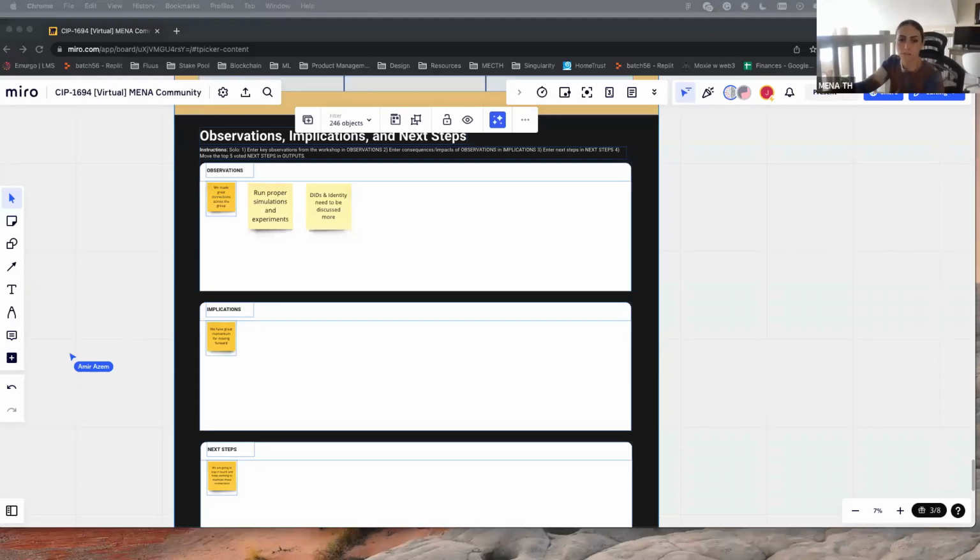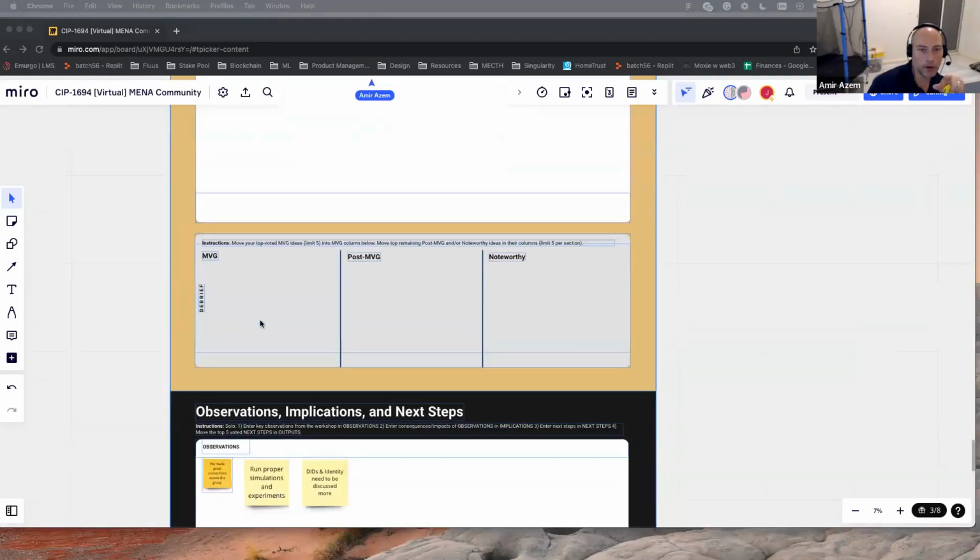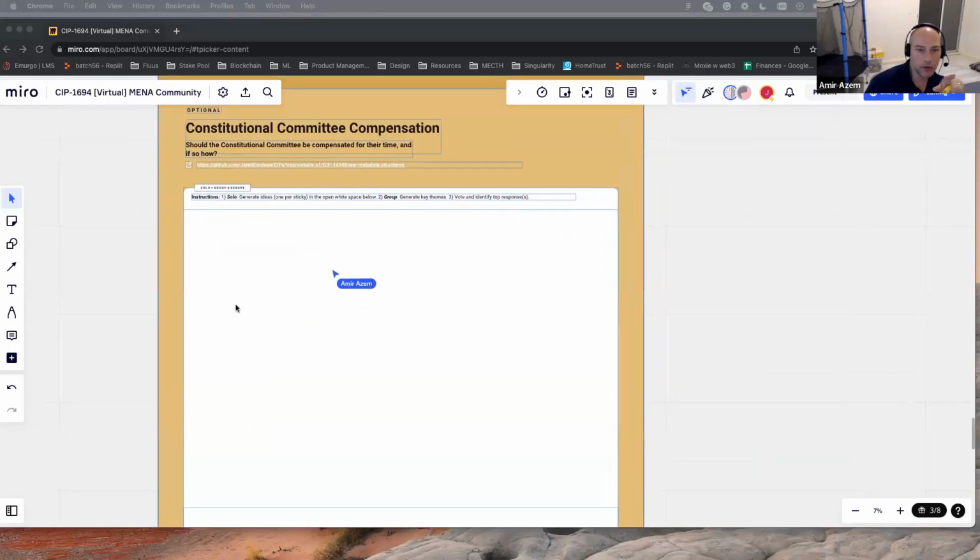Other than that, let's see. The preferred tax avoidance system. If you want to talk about the compensation for the constitutional committee, is it similar to DReps or not?